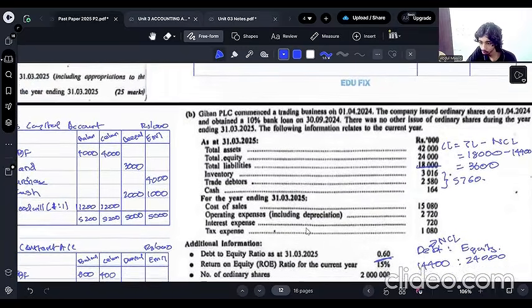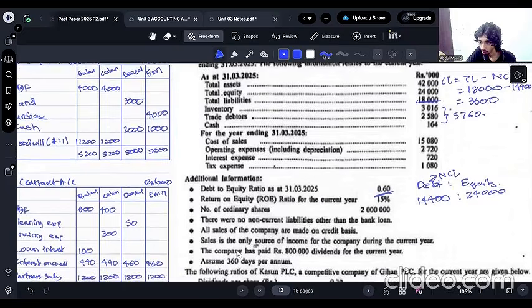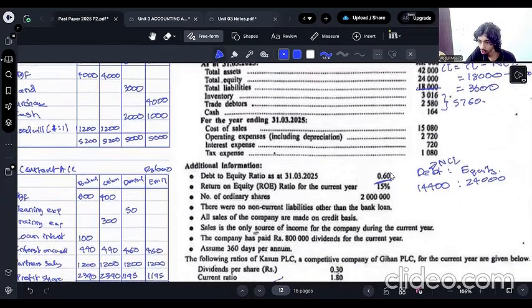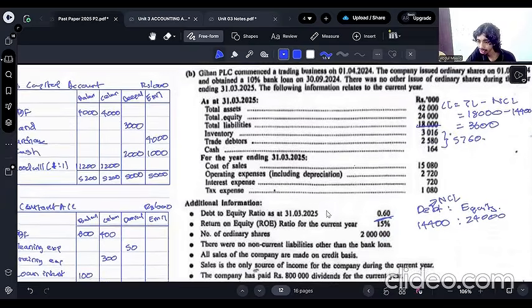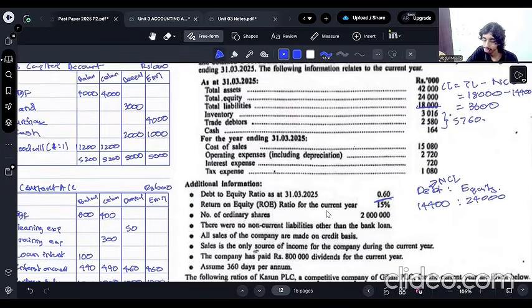Credit sales are how much? How do you find that? All sales of the company are made on credit. Cost of sale is given. Now you have to find your sales indirectly.